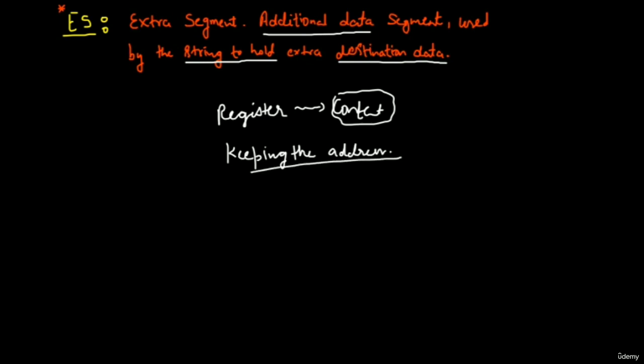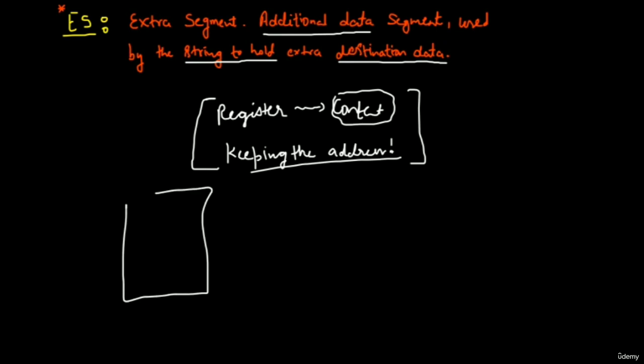Okay, so we are technically done with this part. I'm wrapping up this video so that you will understand everything bit by bit and very clearly. Just to wrap it up, let's revise what we have learned. We have gone through CS, DS, SS and ES. So what are they?